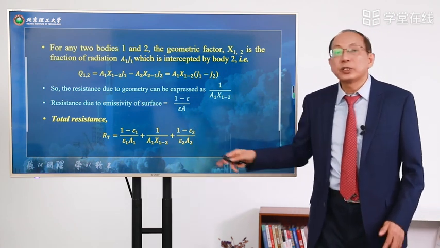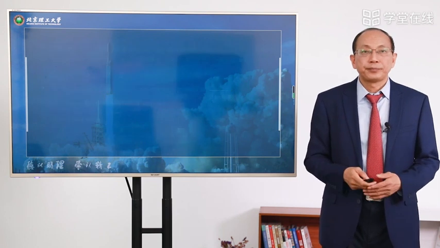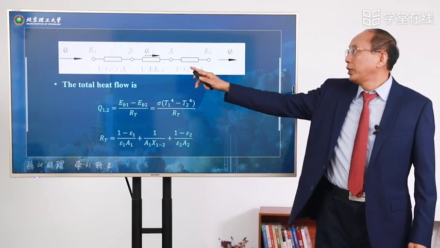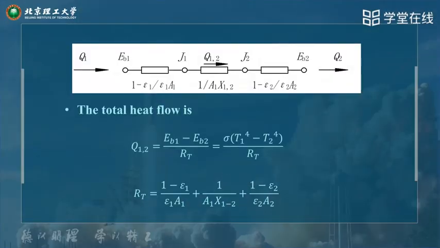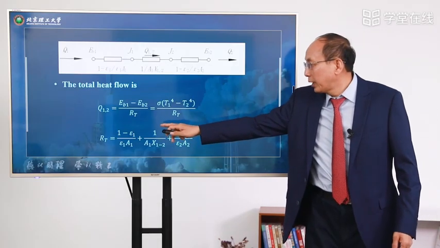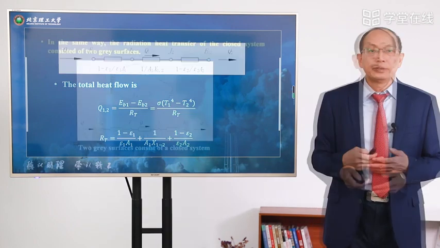So here are three resistances together: one is surface resistance, the middle is space resistance, and the last one is another surface resistance. So the total heat flow is Q1 to 2 equals EB1 minus EB2 over RT, where RT is the total resistance.